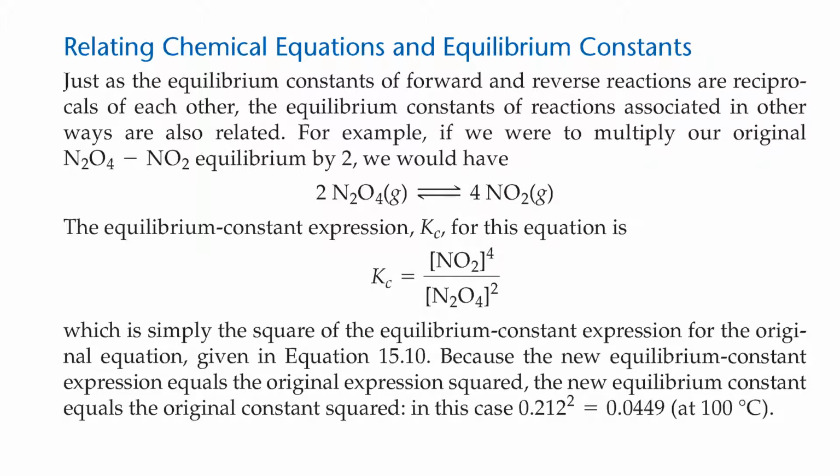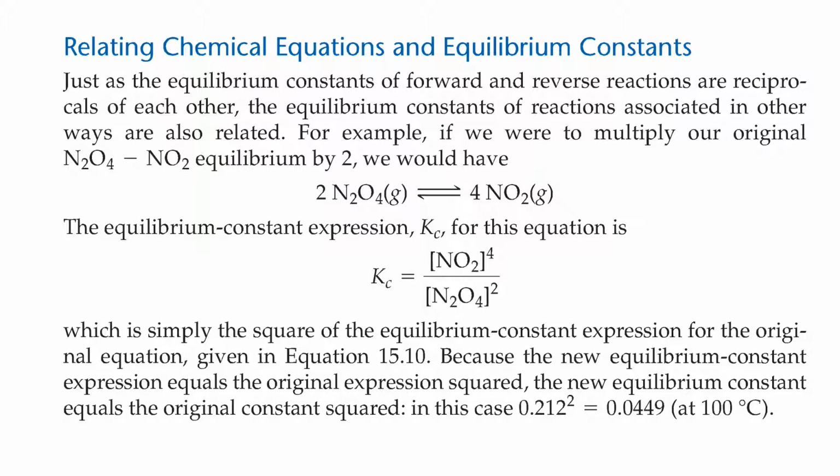Relating chemical equations and equilibrium constants. Just as the equilibrium constants of forward and reverse reactions are reciprocals of each other, the equilibrium constants of reactions associated in other ways are also related. For example, if we were to multiply our original N2O4 to NO2 equilibrium by 2, we would have 2 dinitrogen tetroxides going to 4 nitrogen dioxides.